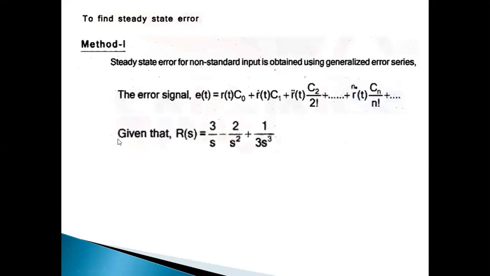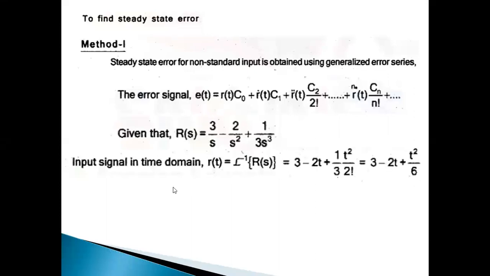Here the input is 3 by s minus 2 by s square plus 1 by 3s cube. So this is our input. If we apply inverse Laplace, you will get R of t is equal to inverse Laplace of R of s.